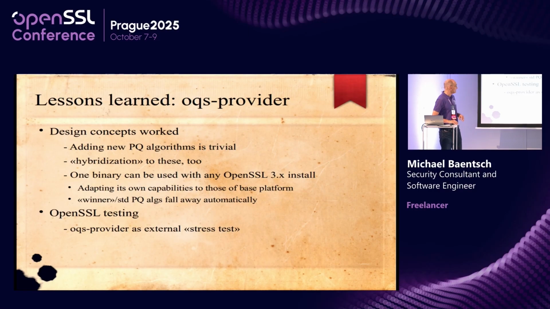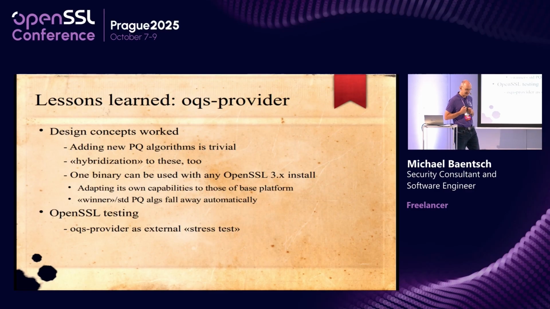OQS provider still is being used in OpenSSL as an external test. For those of you who know OpenSSL, there is lots of tests, but also a section called external testing, which is software that is not necessarily maintained by the core OpenSSL team, but which does provide a certain functionality for OpenSSL, namely to stress test it in a certain sense.